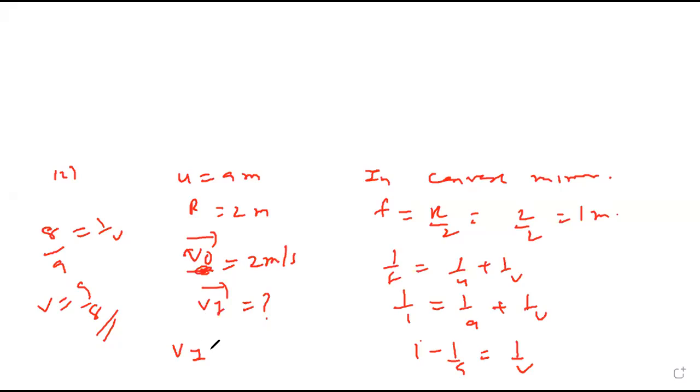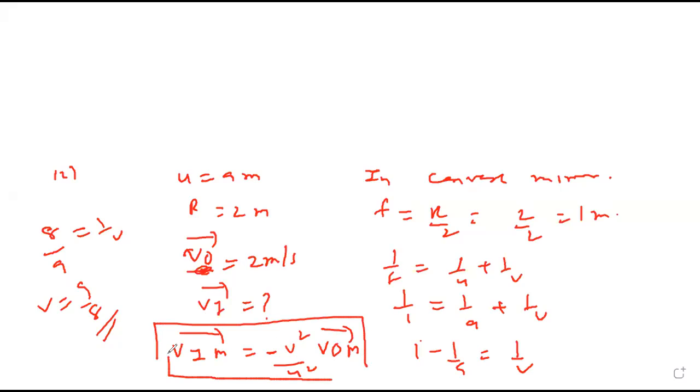Velocity of image with respect to mirror is minus of v square upon u square times velocity of object with respect to mirror. I told you this. Do you remember this formula? Yes, yes.